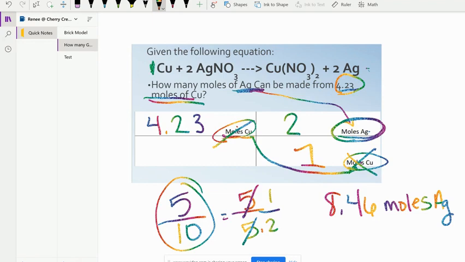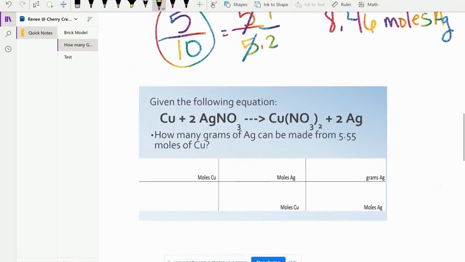If I was going to make chocolate chip cookies and I knew that I had 10 cups of flour, how many cookies could I make? This stoichiometry is the exact same thing, but instead of cookies and flour, I know that I have 4.23 moles of copper, and I want to know how much silver that will give me. Stoichiometry is just a recipe for chemistry.